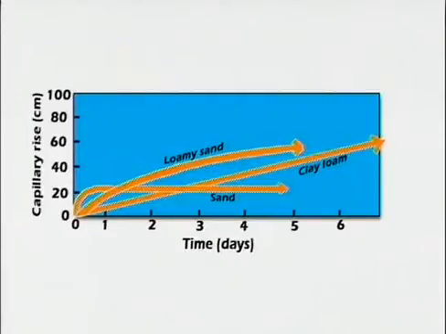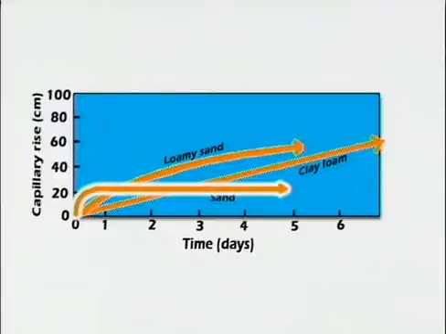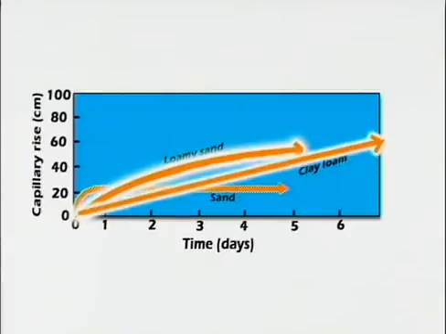From this diagram, we should be able to obtain a couple of points. One is that coarse soils do have capillary rise, but it occurs very quickly and reaches the equilibrium point very quickly. As we increase the loaminess of texture, meaning the silt and or clay component of the soil, we do not see as rapid a capillary rise of water, but we see a much more continuous and complete capillary rise over a longer period of time.